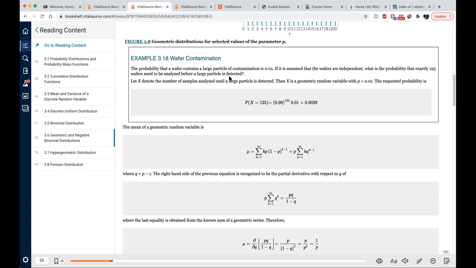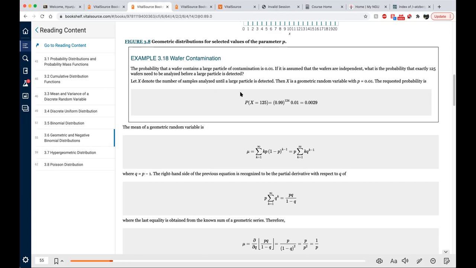You may say that, and I think so. In this problem, I think we have to find the probability x equals 126. I think the author of this textbook did it wrong, maybe.